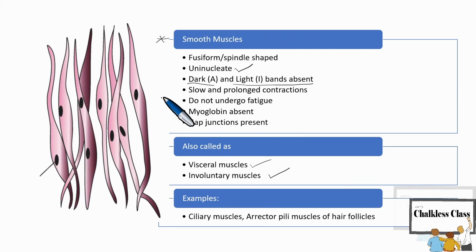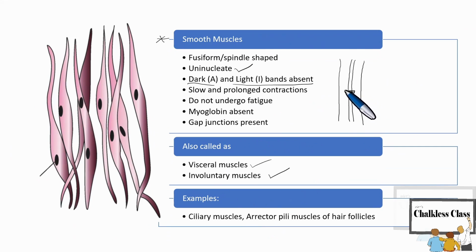And the cells are connected by gap junctions. In the epithelium, we discussed the intercellular connections. Assume that this is one cell, and this is another muscle cell. These two are joined by one gap junction.